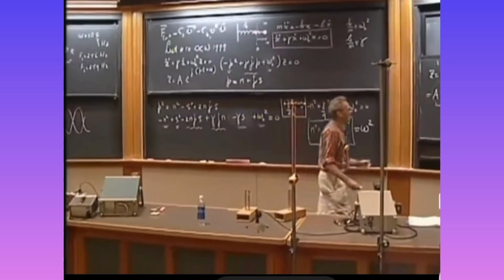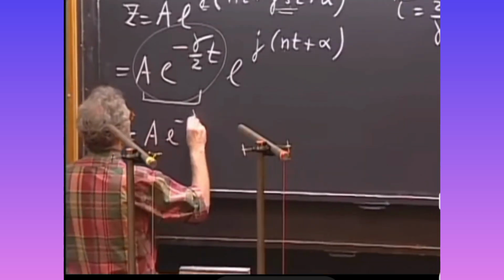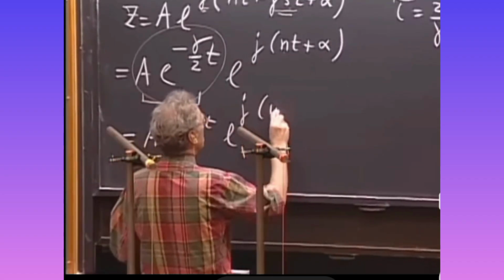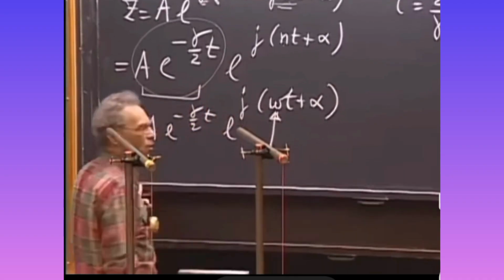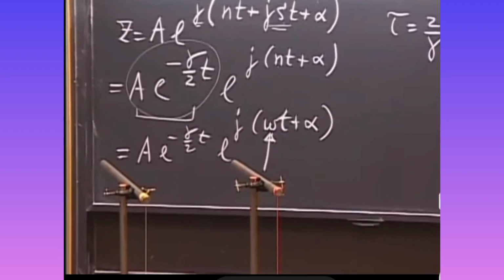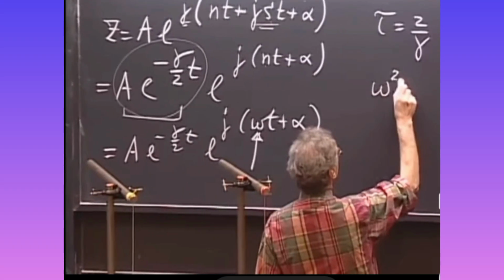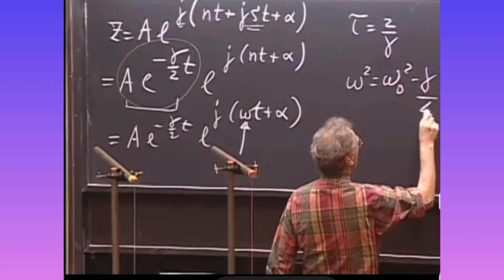And so if I write this now, a e to the minus gamma over 2 t, I can write down now j omega t plus alpha, and I know exactly now what that omega is. That is the square root of this number. And so therefore omega squared is omega 0 squared minus gamma squared over 4.